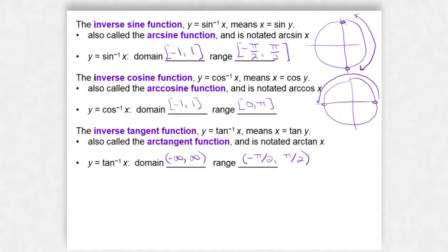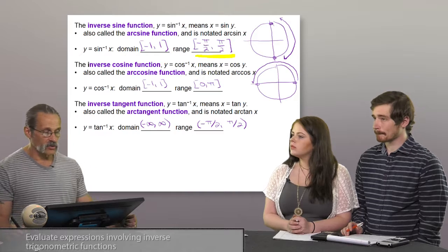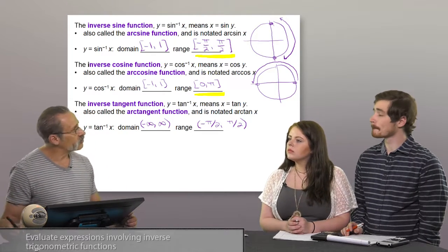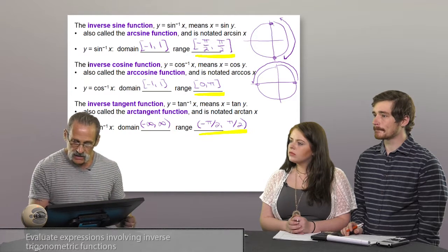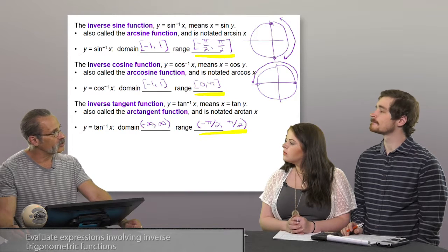So that means when I evaluate these inverse trig functions, my outputs have to be, and this is what's key, between negative pi over 2 and pi over 2 inclusive for arc sine. They have to be from 0 to pi inclusive for arc cosine. And the only evaluations that are acceptable for arctangent are negative pi over 2 to pi over 2, non-inclusive.